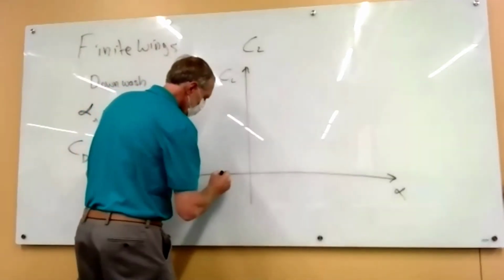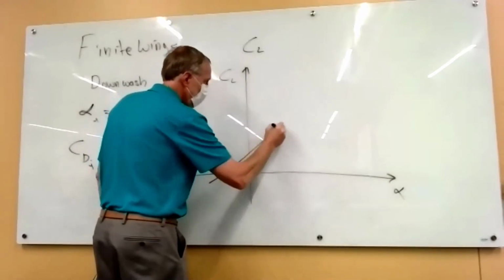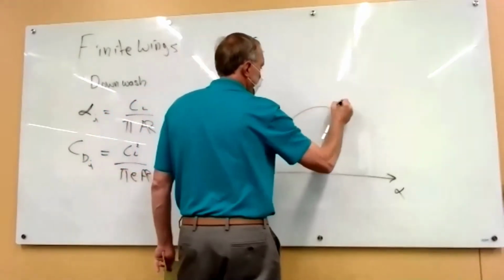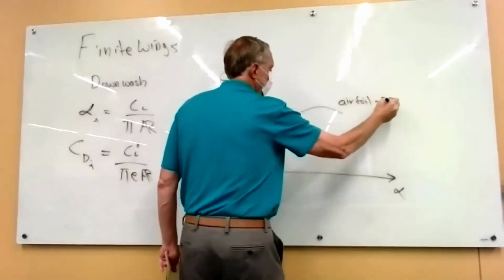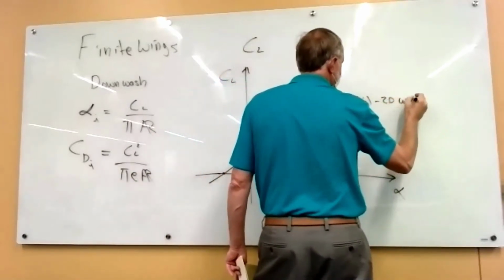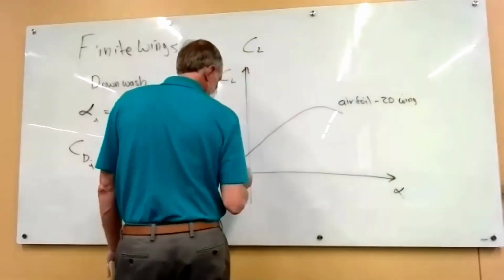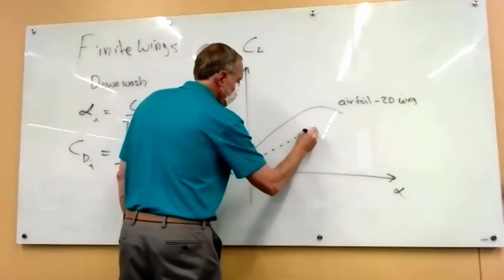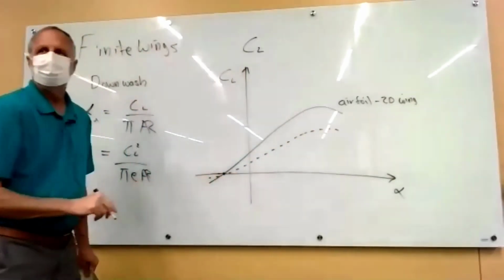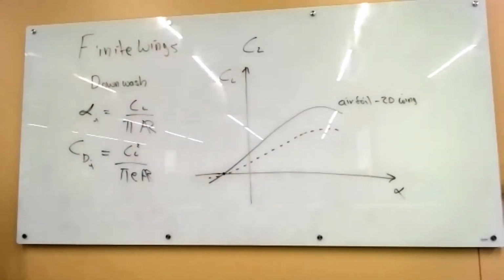or the induced angle of attack. So this is 0, so there's no change in the angle of attack. If you draw the lift curve for an airfoil, a two-dimensional wing, and compare it to the lift curve for a finite wing, they both intersect there. Because at 0 lift, there is no downwash, and so there is no effect on the finite wing compared to the infinite.